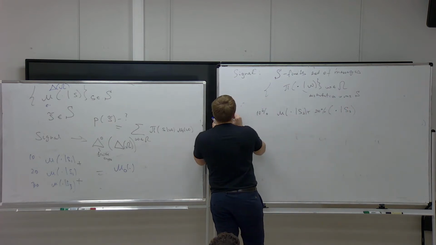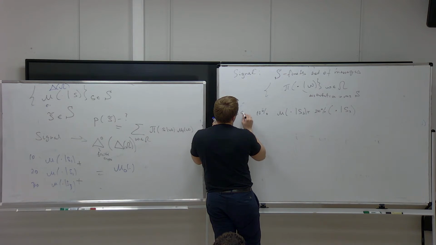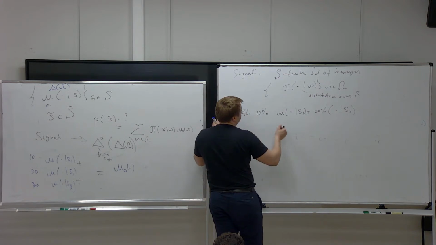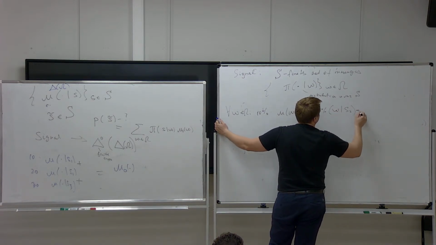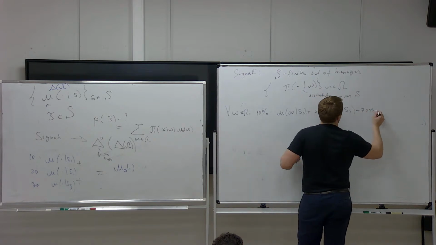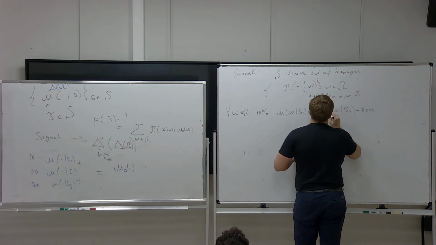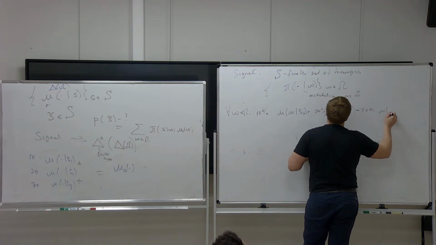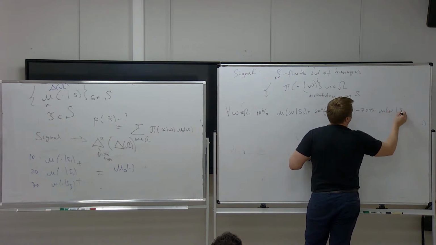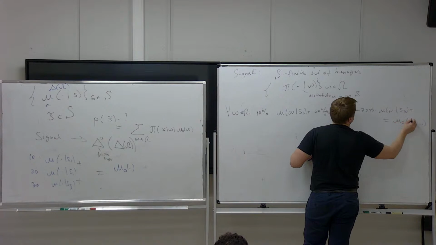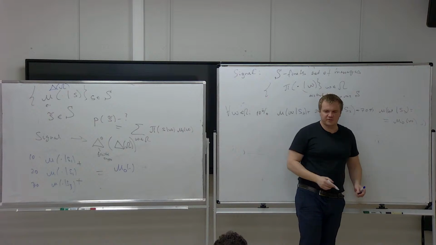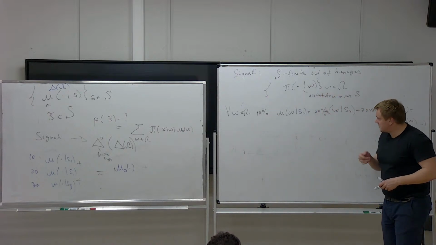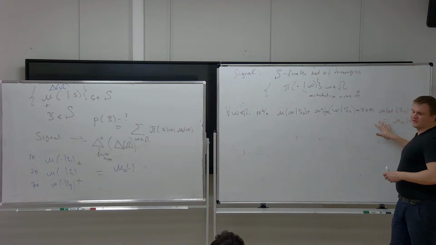So it's basically for all omega, I have the following: 10% of mu of omega conditional on S1, plus 20% of mu of omega conditional on S2, and 70% of mu of omega conditional on S3 equals mu 0 of omega. And for each omega, this is positive. It's the first step in the construction. So now I know that for each omega, this is true.